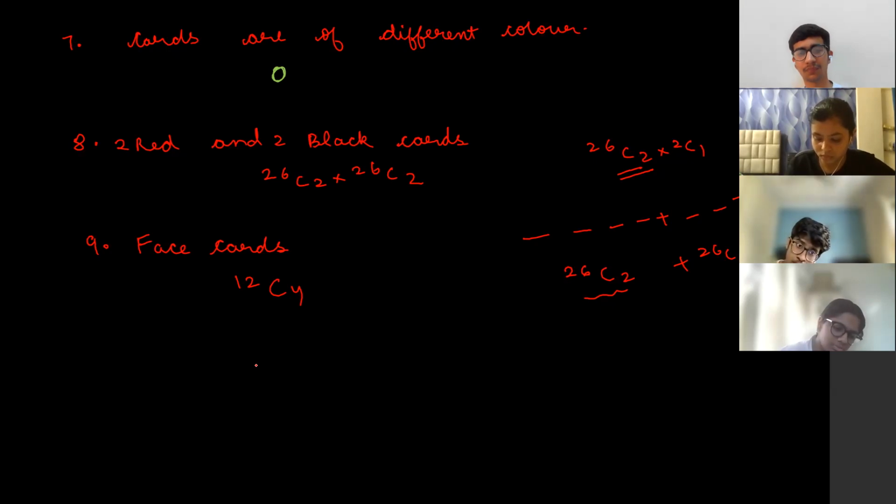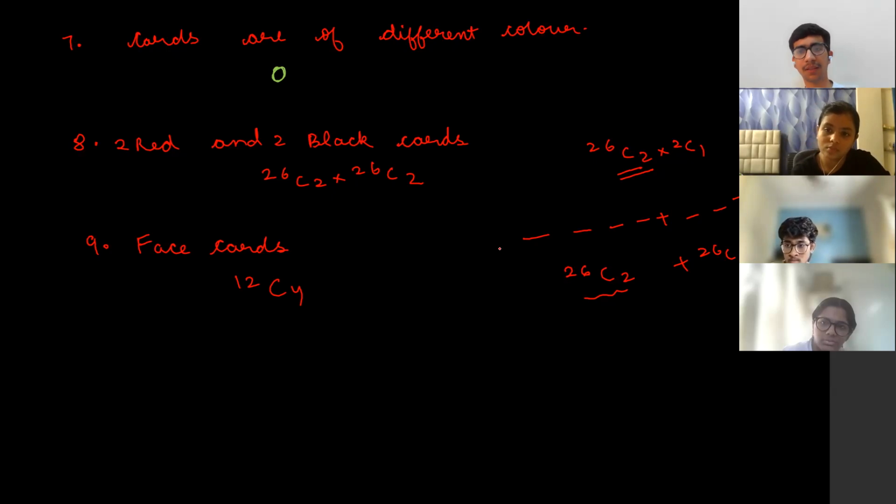Sir, Ritu's answer, how exactly is it an addition? Is it into 2 factorial? For which question are you talking about? The one Ritu said, I know that's not the correct answer for the 8th one, but what exactly is that? Is it into 2 factorial?